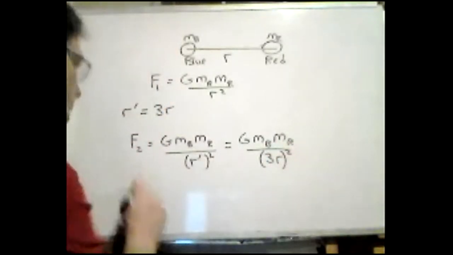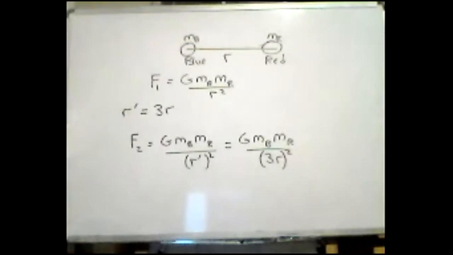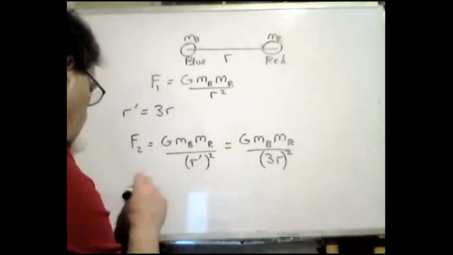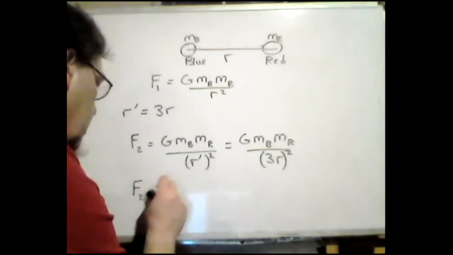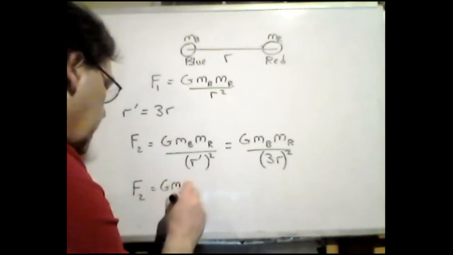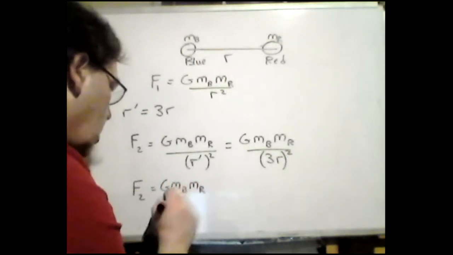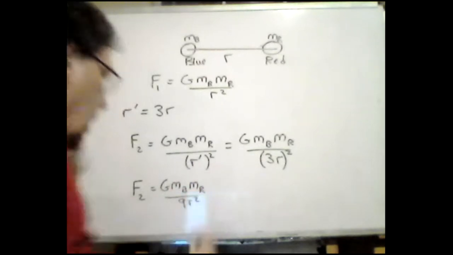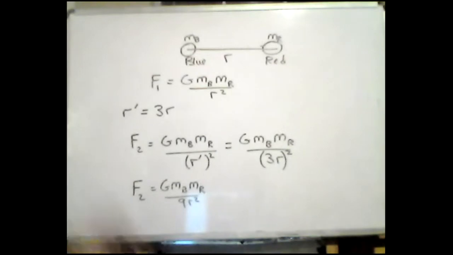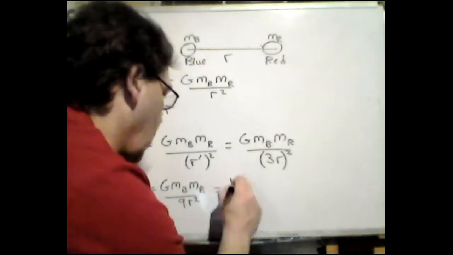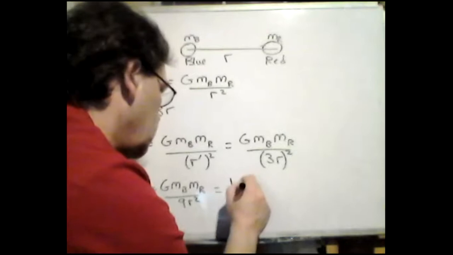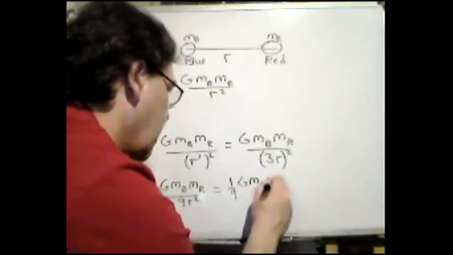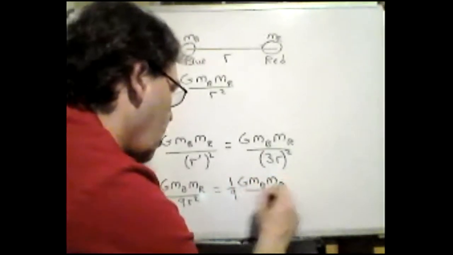A square of a product is a product of the square. F sub 2 will be G M sub B M sub R divided by 3 squared, 9, R squared. And let me pull the 1/9 out. That gives me 1/9 G M sub B M sub R over R squared.